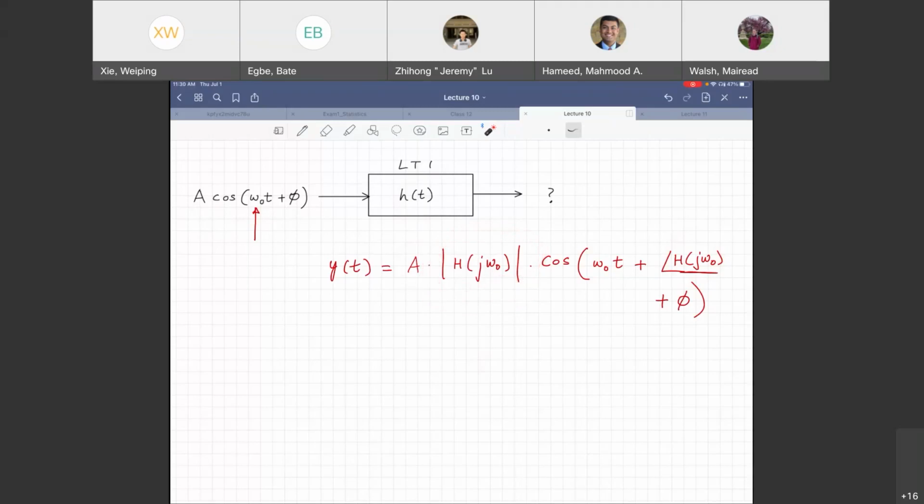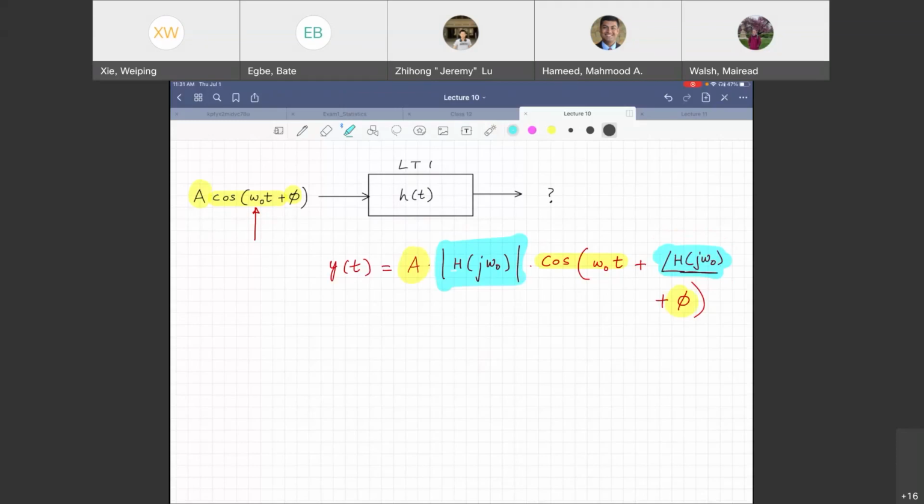How about the phase? You evaluate the phase of the frequency response at that same frequency, omega naught, and that's how your phase is getting modified. Everything else remains as is. The A, cosine omega naught t, phi, all come from the input signal. The only two things are that amplitude is getting adjusted and phase is getting adjusted.